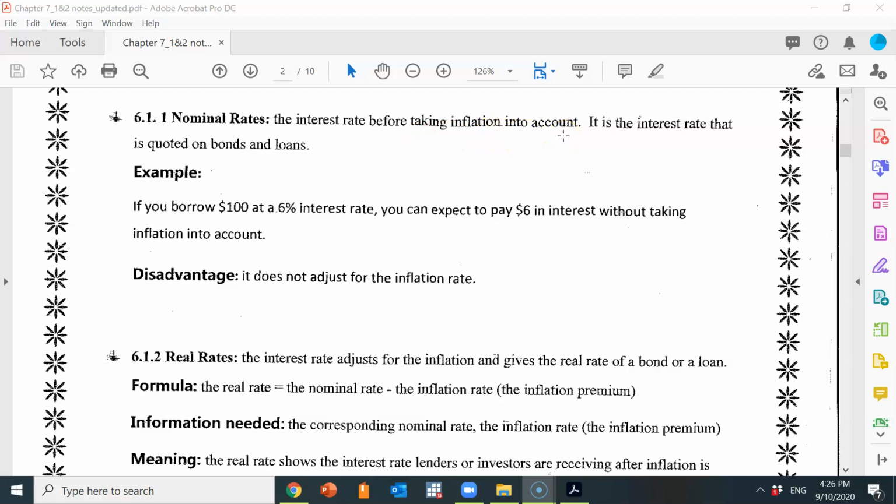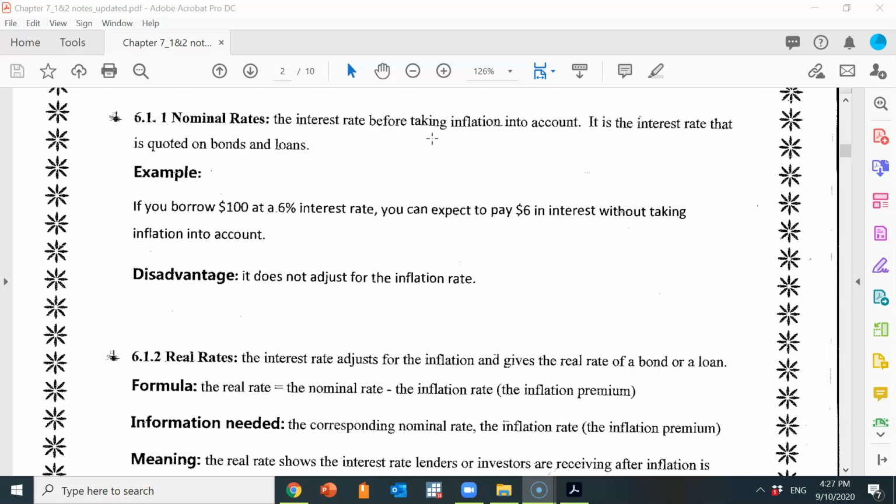Remember, in chapter 5, we compared nominal rates with effective annual rate and periodic rate, and we said nominal rates are quoted rate, stated rate, or APR that are usually the interest rates we get from the financial institutions, right? Here we also say that this is the rate before we remove the inflation rate.